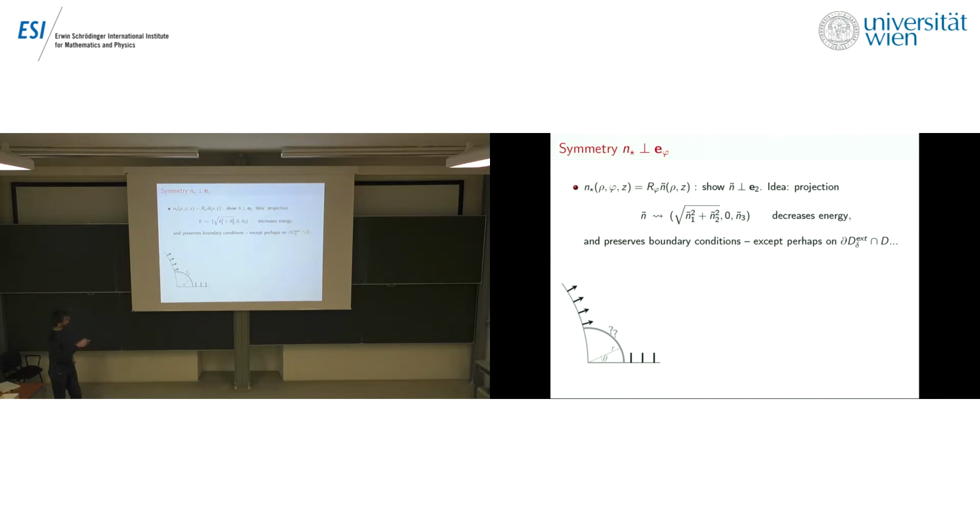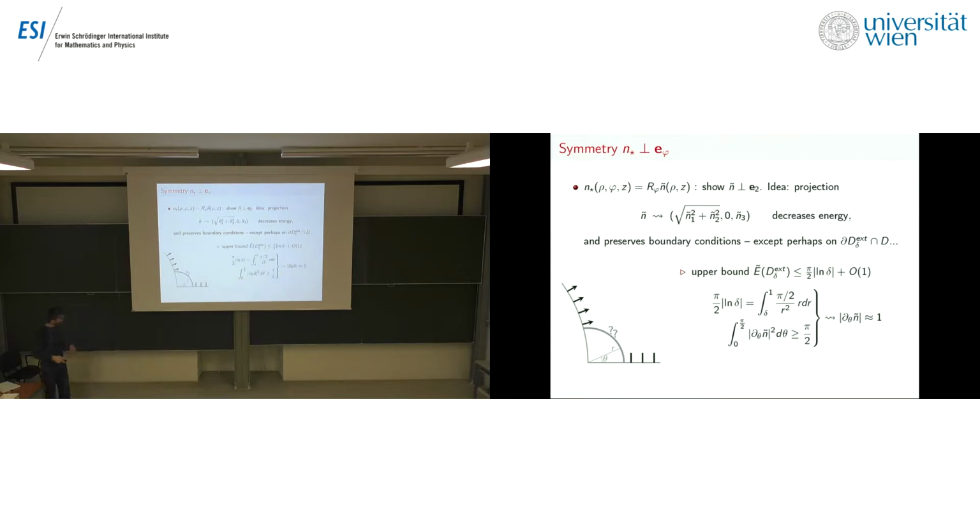And it looks like this does preserve boundary conditions, because my boundary conditions were already in the good plane, and the first component was non-negative, so this really preserves boundary conditions, except perhaps on that part where I'm not too sure what happens. So this is the tricky part, understanding what happens with the boundary conditions of n tilde here, because remember, I'm only allowed to use minimality of n star when I cut out a small piece here.